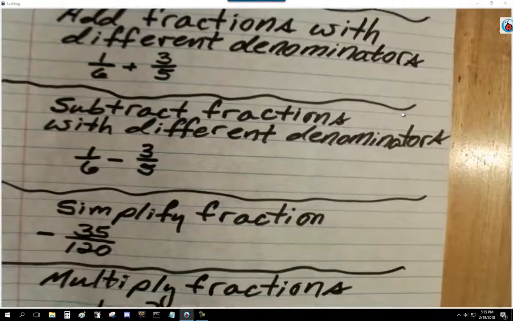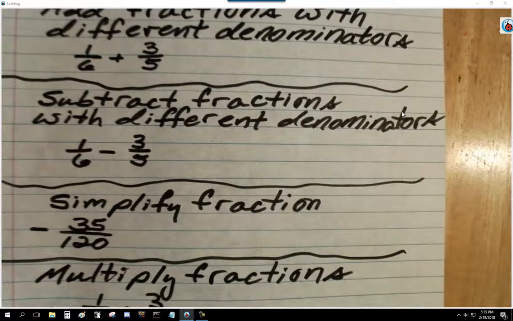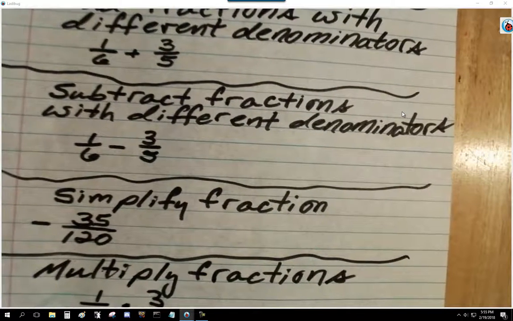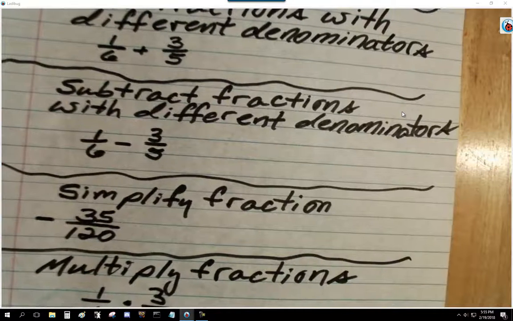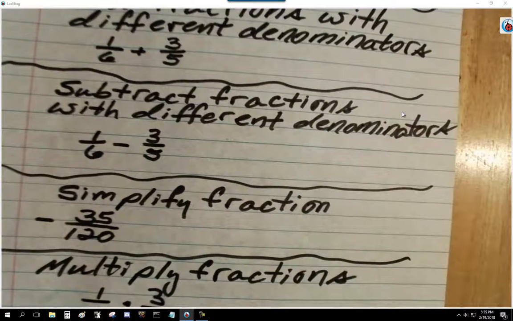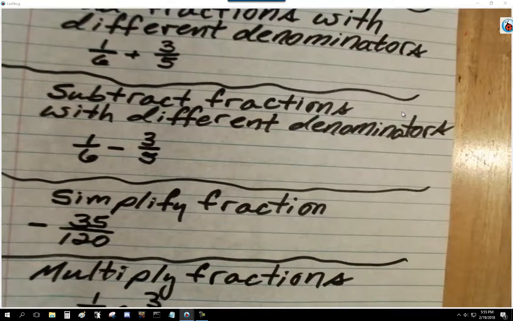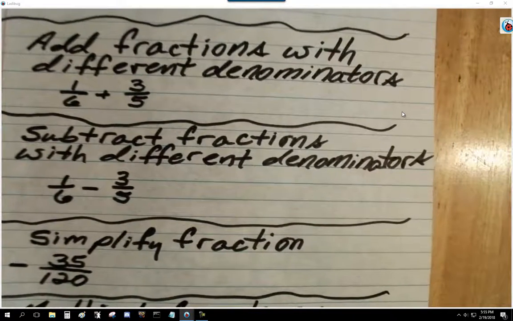Next, I want to show how to subtract fractions with different denominators. 1/6 minus 3/5. So this should be, let's see, again, that would be 5/30 minus 18/30, a negative 13/30 for the answer to this one.